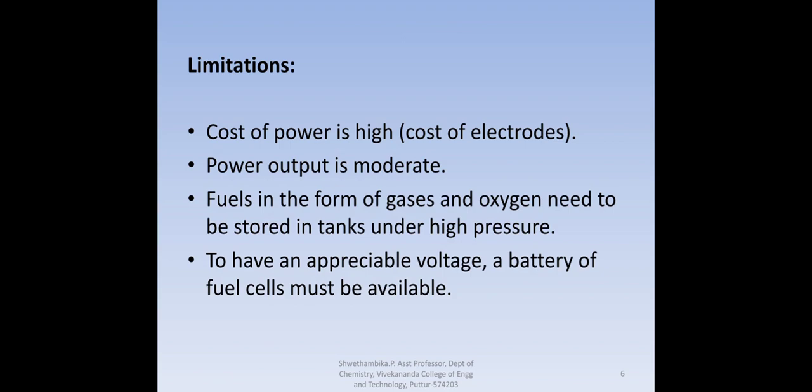This is a practical problem for the working of a fuel cell. Then in order to have an appreciable voltage, that is for the practical applications, a battery of the fuel cell must be available. That is, fuel cells must be arranged in series in large number so as to have a better or greater voltage output.